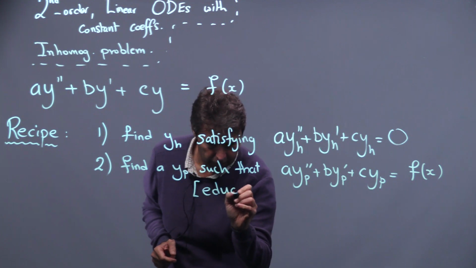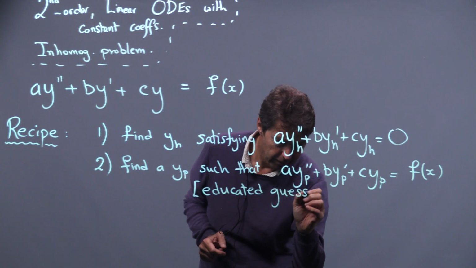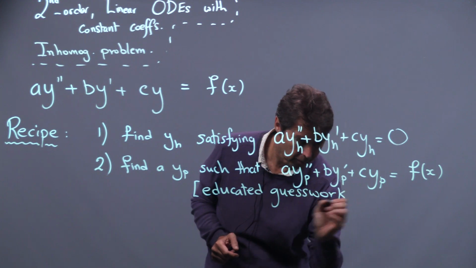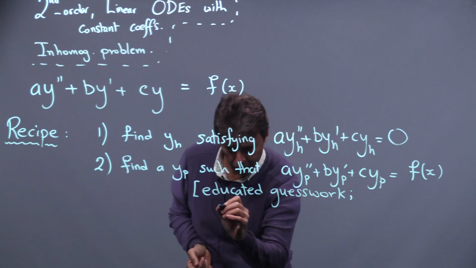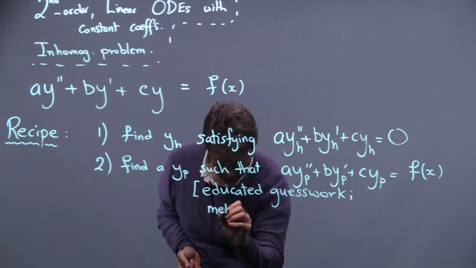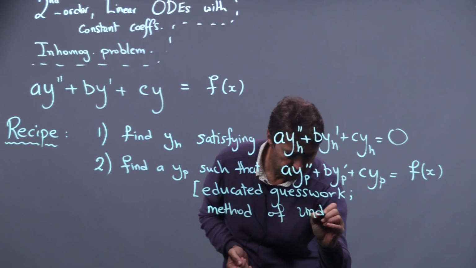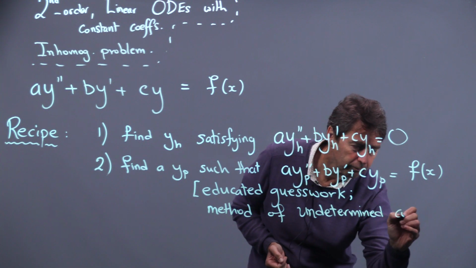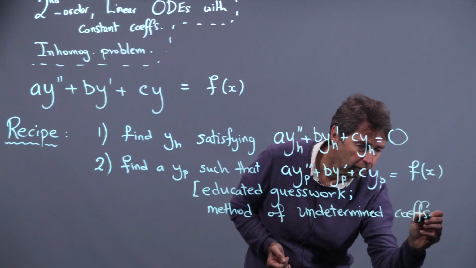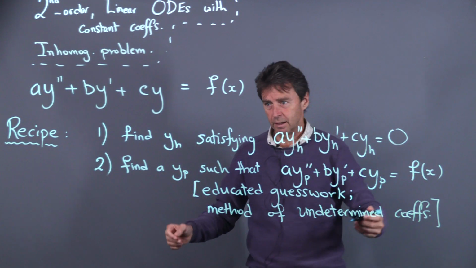And to do this, we will use educated guesswork. You'll see this also called the method of undetermined coefficients. But that's just really a highfalutin way of saying educated guesswork.